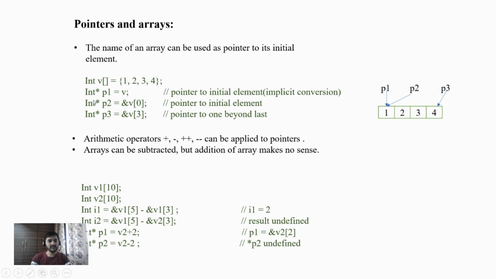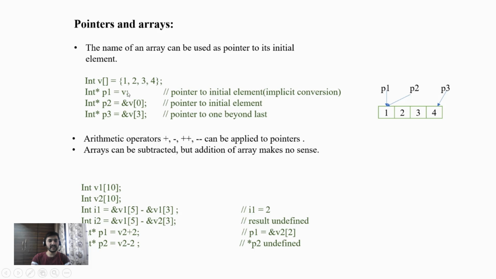So here, if you see, I have created a pointer p1 and I have assigned v. Here it's not like the entire array v is getting copied into p1. v is an array, but when I use the name of v, it is implicitly converted to a pointer of type int. And this v will now point to the first element of the array.